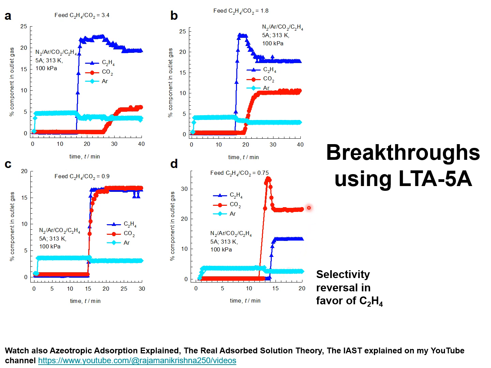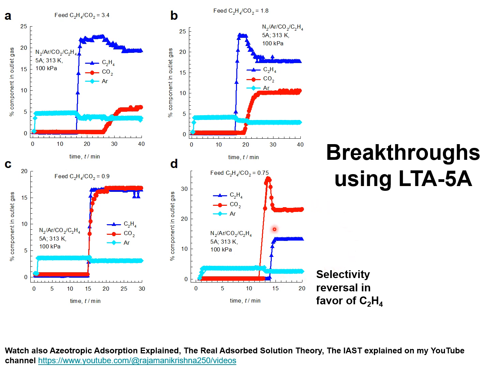In other words, we have a situation in which ethene is selectively adsorbed from the feed mixture, provided the feed mixture is lower in composition with respect to ethene as compared to CO2.